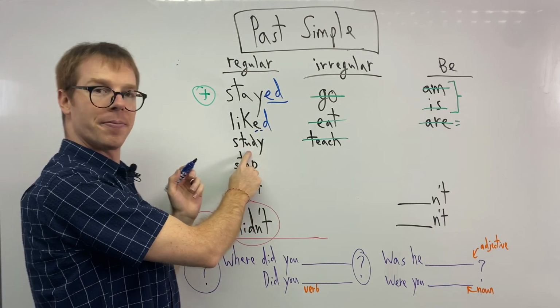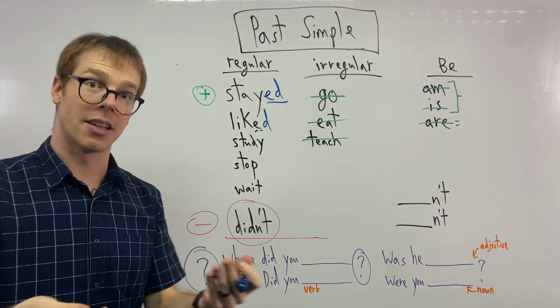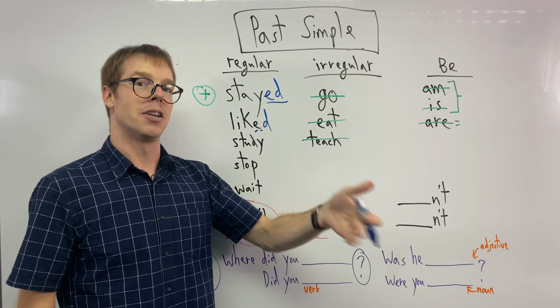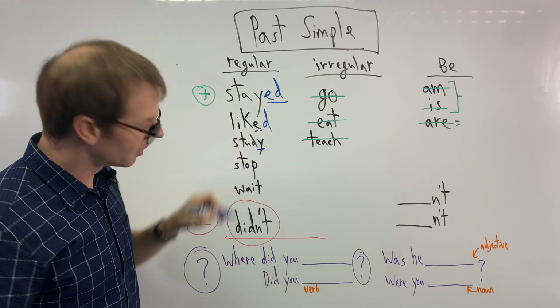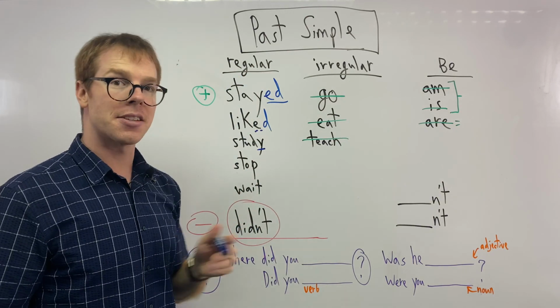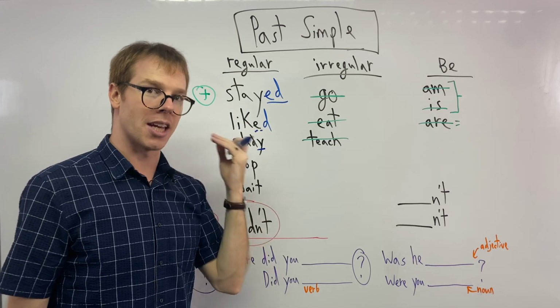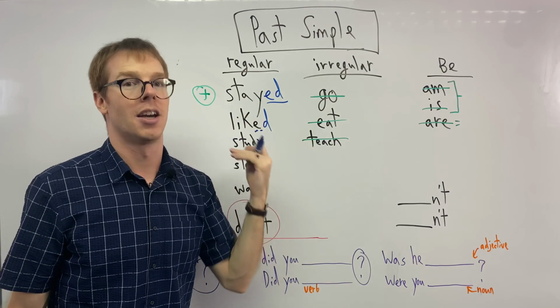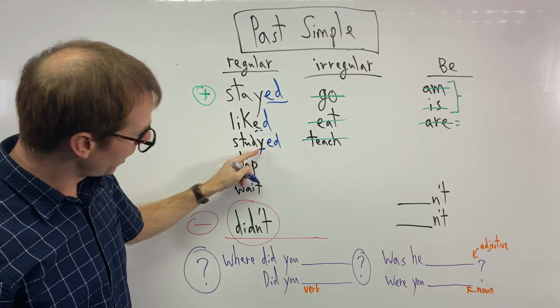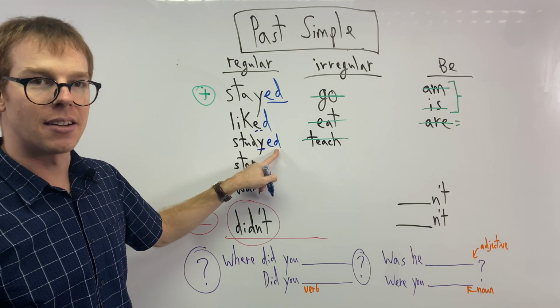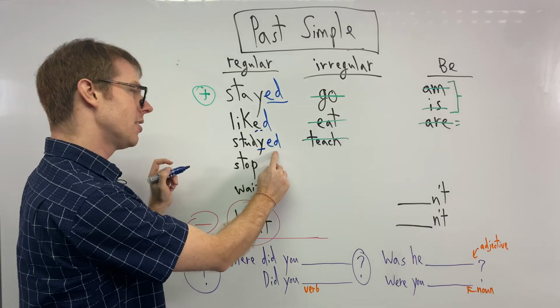How about this one? I know a lot of you study English every week. If we're using the past simple, talking about yesterday, talking about before, we need to change the Y before we add the ED. I could do studied.